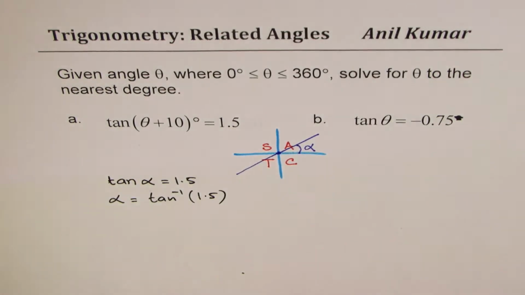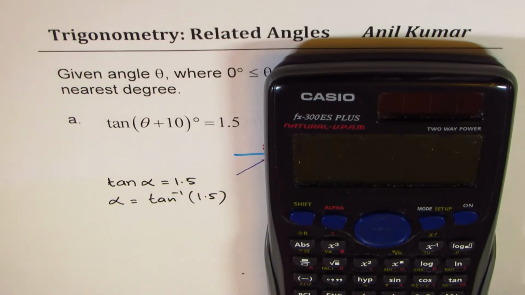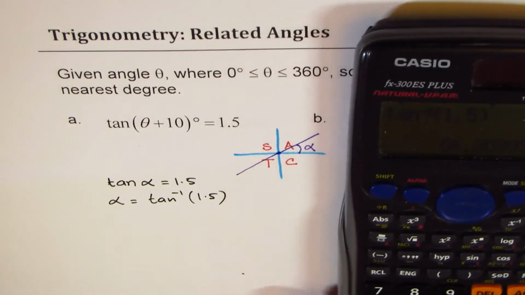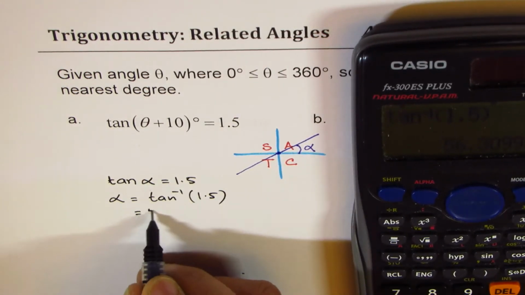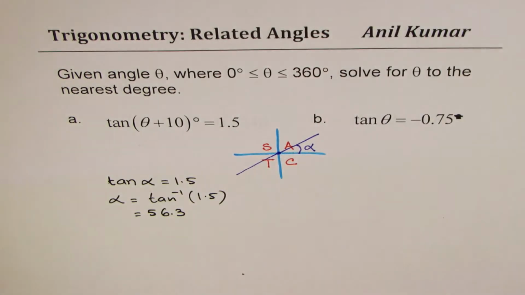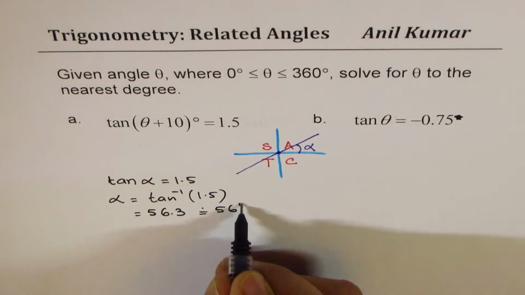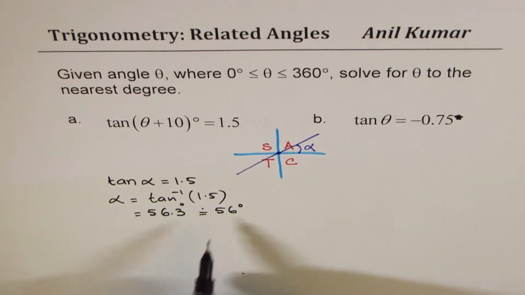I hope you get the idea, right? Set your calculator to degrees. Inverse tan of 1.5 is equal to 56.3. Now we have to round this to nearest degree, so we could round this to 56 degrees, correct? All angles are in degrees.